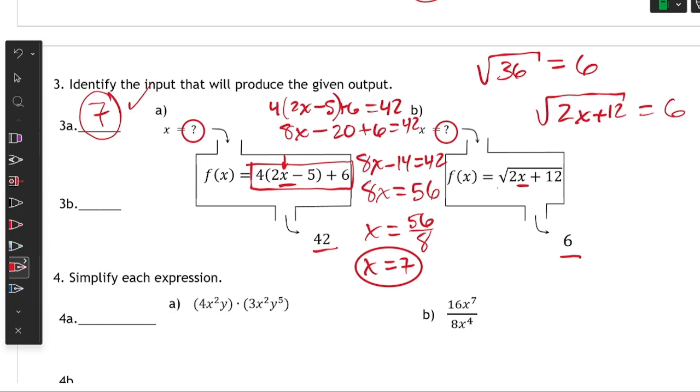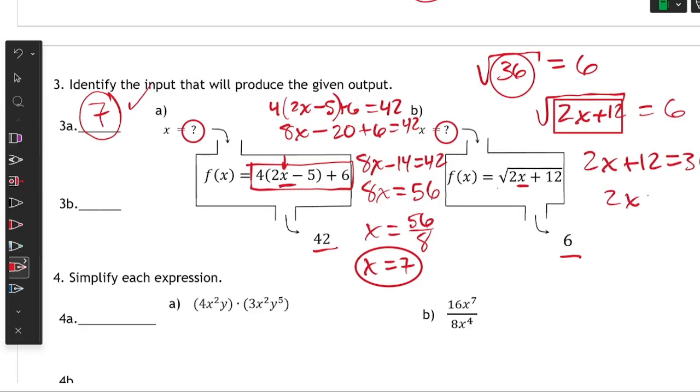So one way of thinking about this is, hey, this 36 is exactly what the 2x plus 12 has to be, right? The thing inside of the radical has to equal 36. So a way to write that down is you can say, hey, this 2x plus 12 must be the number 36.